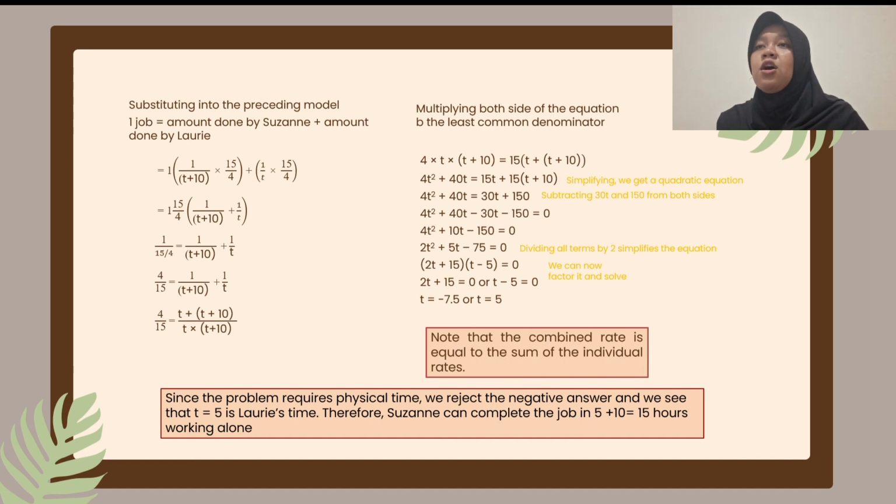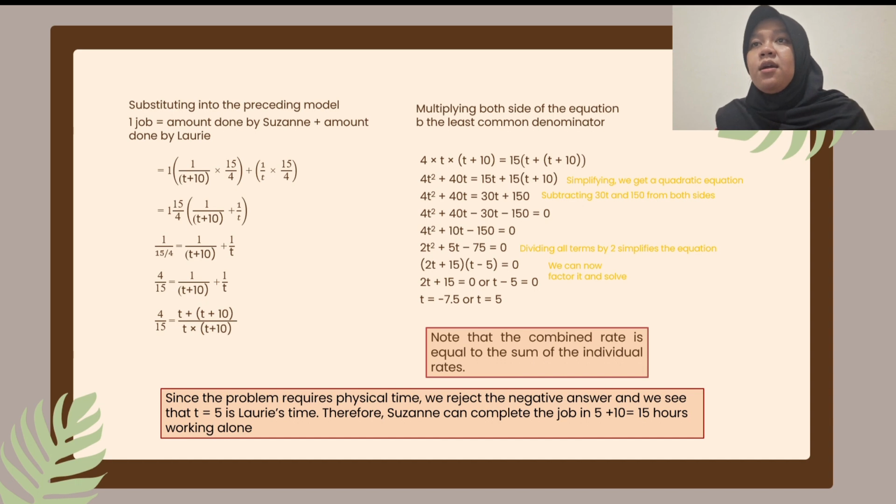Multiplying both sides of the equation by the least common denominator, which is 4 times t times (t plus 10), is 15 times (t plus t plus 10). Okay, this is 4t squared plus 40t is 15 times (2t plus 10).